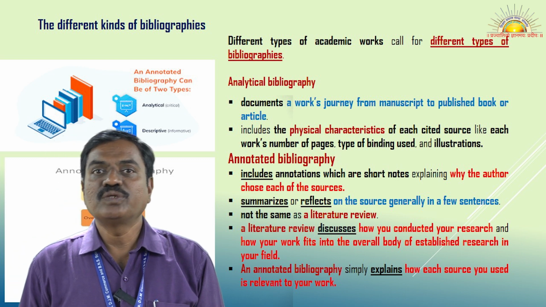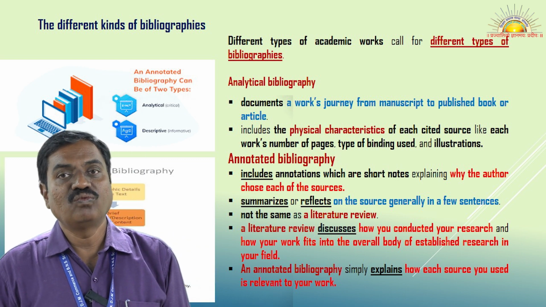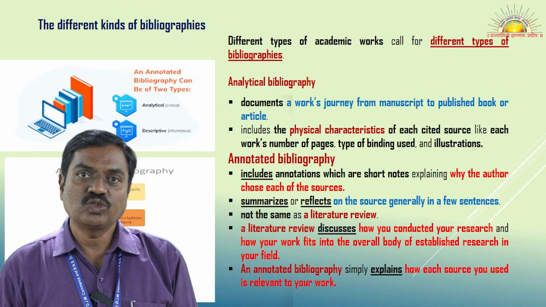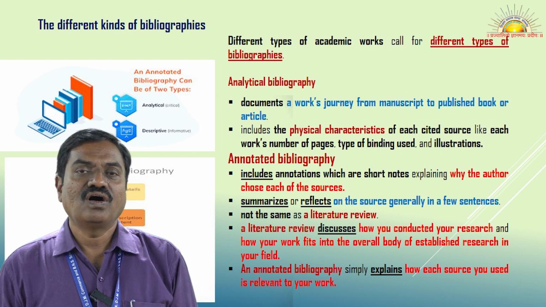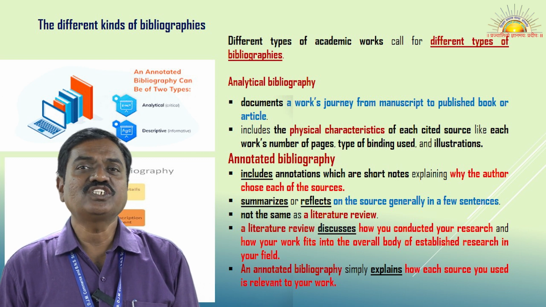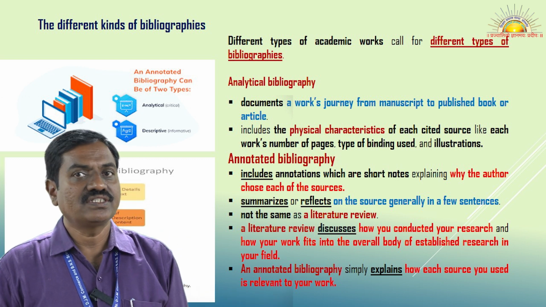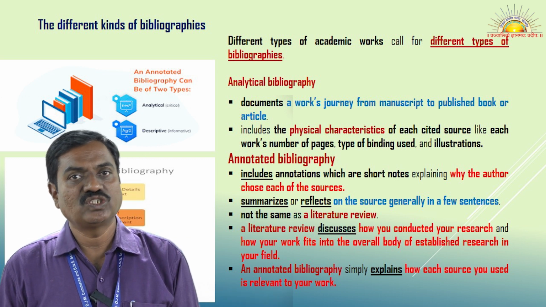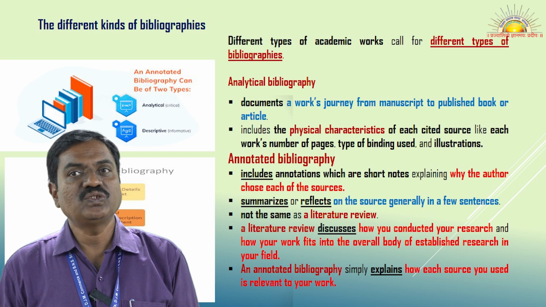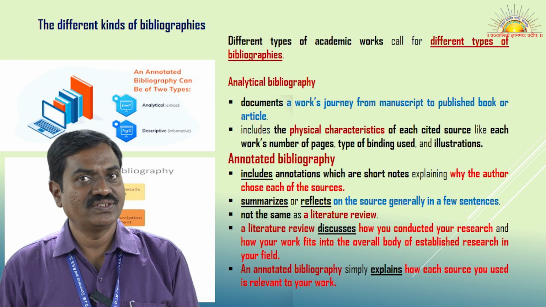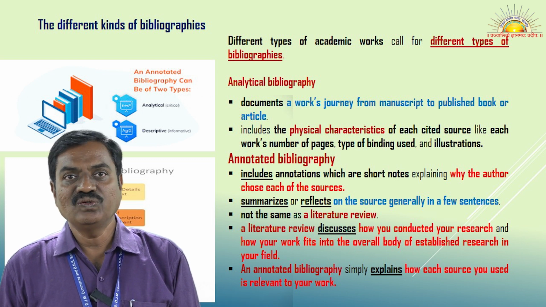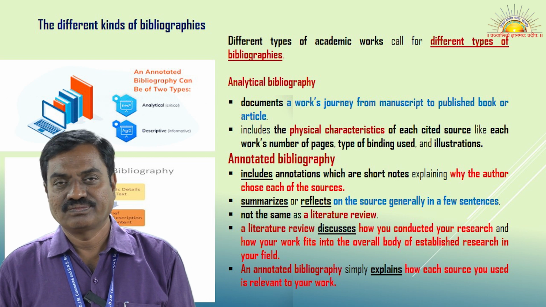An analytical bibliography documents a work's journey from manuscript to published book or article. This type of bibliography includes the physical characteristics of each cited source, like each work's number of pages, type of binding used, and illustration.